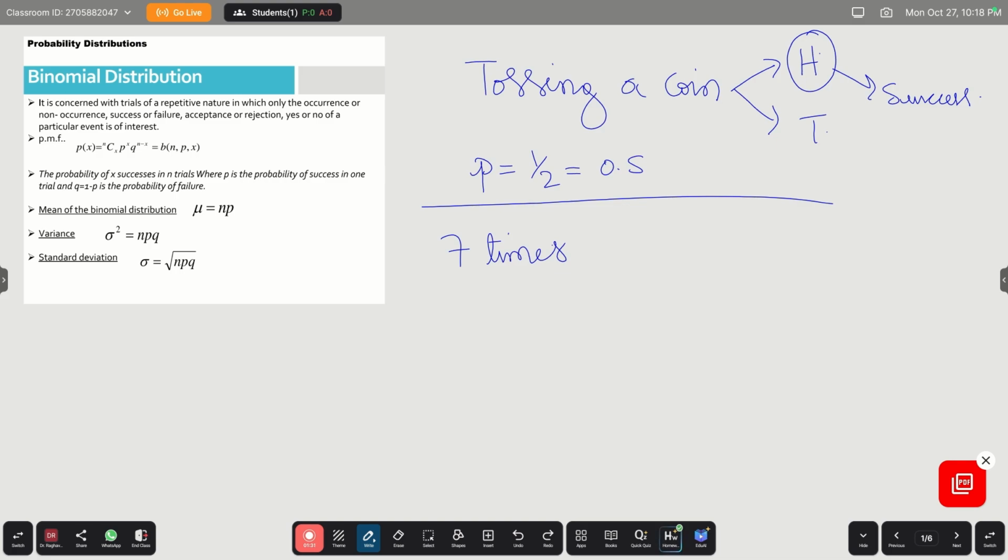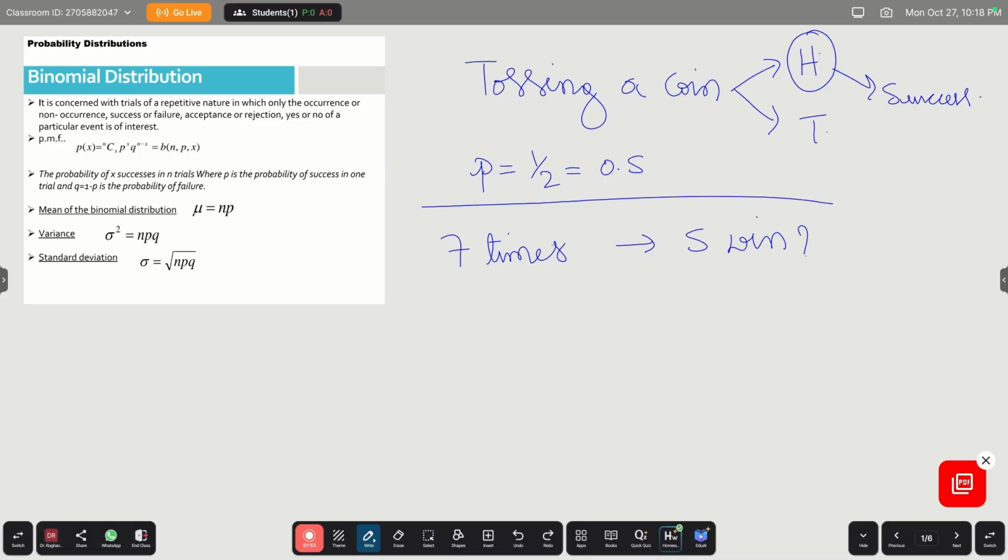And I want to calculate the probability that out of these 7 times, 5 times I will win. So what is the probability that 5 times I will get head? If I am interested in this type of question, here binomial distribution will help us.